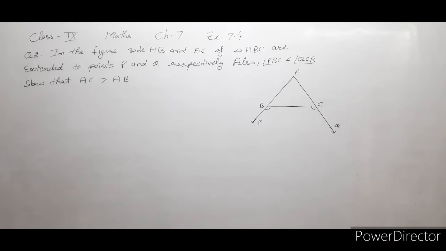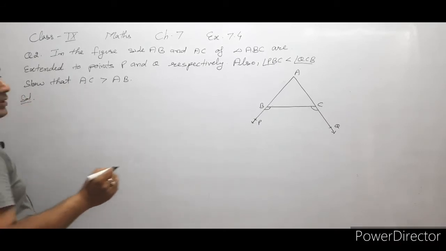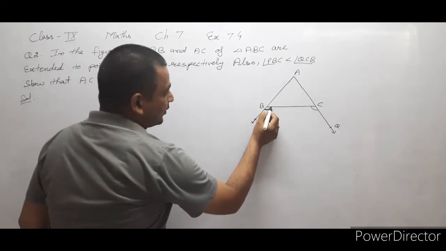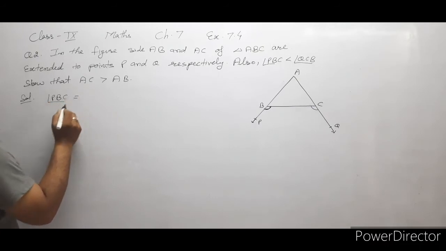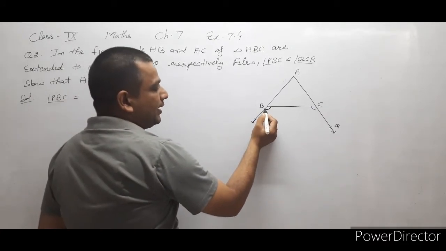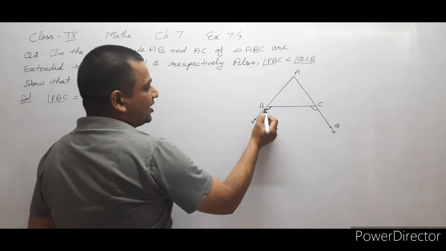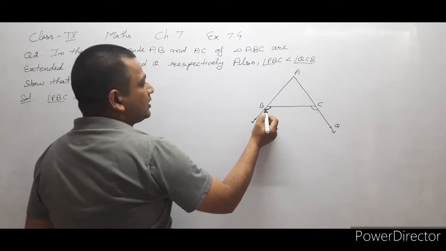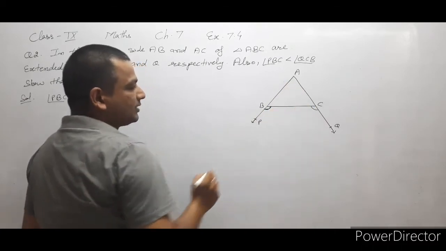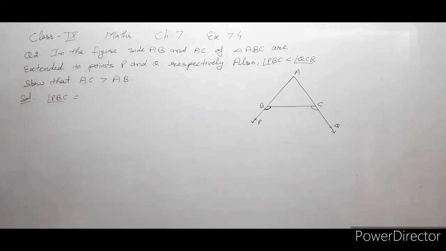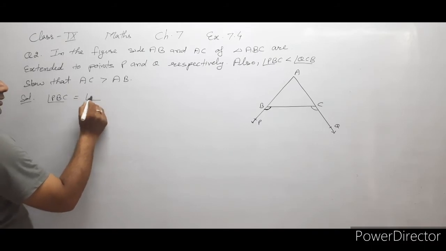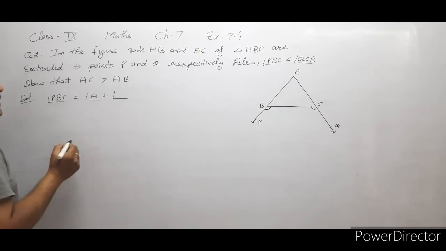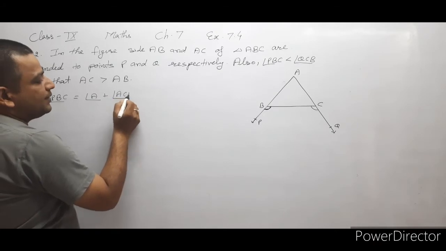To prove this, since this angle PBC is an exterior angle, and as we know, the exterior angle of a triangle is equal to the sum of the interior opposite angles. That means angle PBC is equal to angle A plus angle ACB.